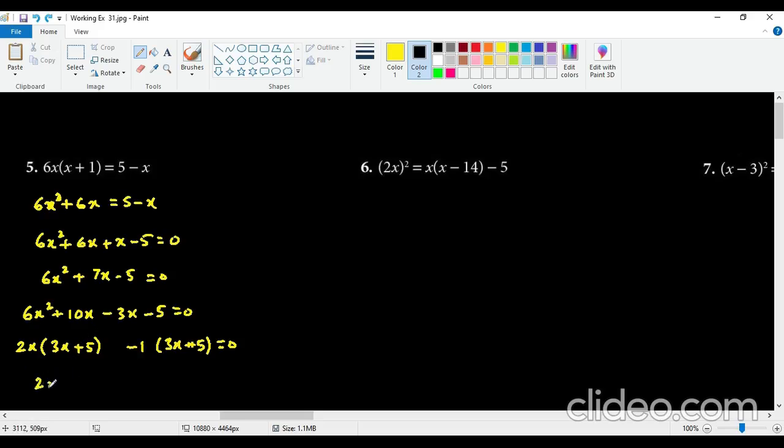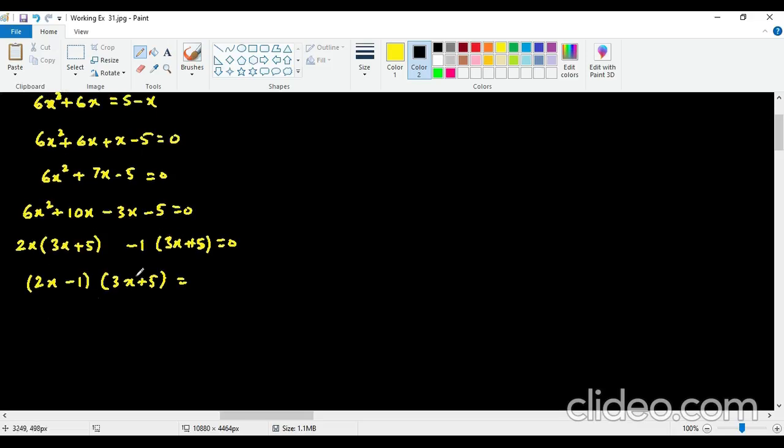So in the first bracket, we have 2x minus 1 and 3x plus 5. Make sure to solve every step in this way, so that once you are sitting for the exams or doing homework or something, you do exactly how your teacher expects you to do it.